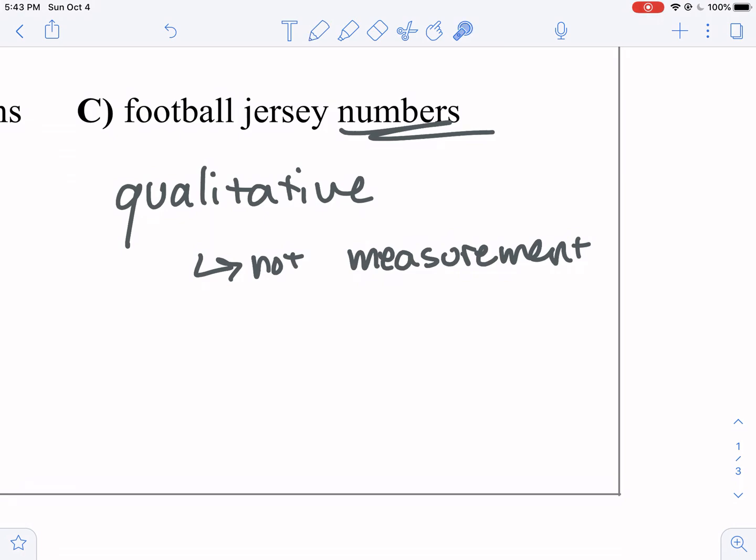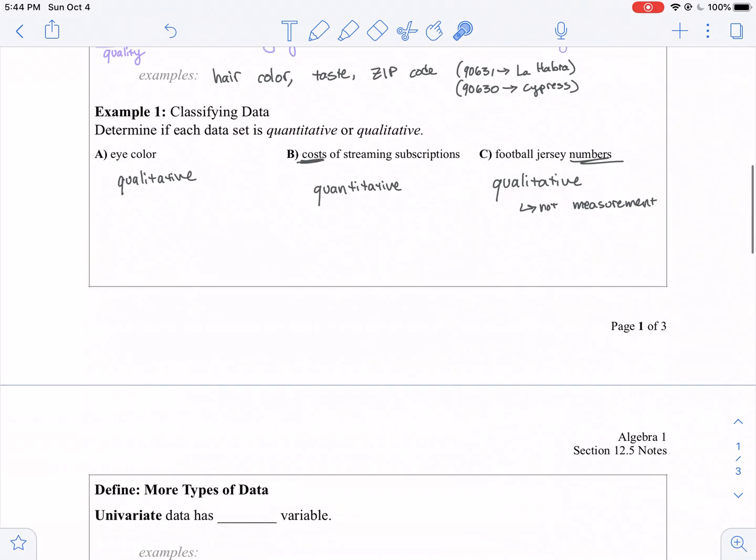You're not measuring their 40-yard time. Some numbers indicate different positions. So like a kicker often is just one digit, and linemen are in the 50s or 60s? Don't quote me on that. I don't exactly know. But you're not measuring someone's speed or height or ability. So they're indicative of a position, but they're not quantifying anything.